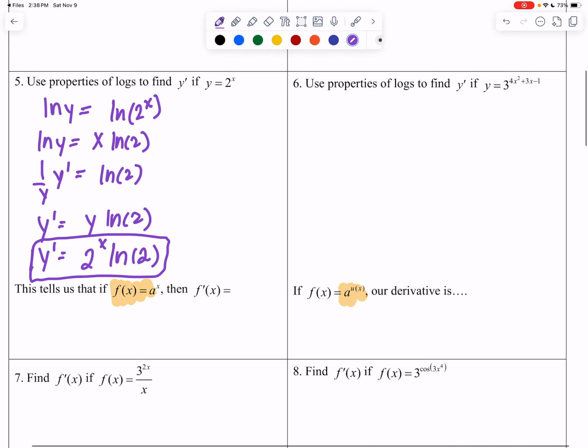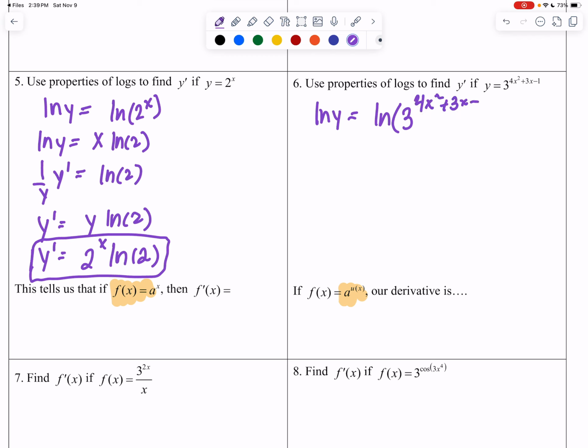Hopefully you saw it. Number 6, we are going to be using our properties again. So we have ln of y is equal to ln of 3 to the 4x squared plus 3x minus 1. Using my properties, that's going to be (4x squared plus 3x minus 1) ln of 3. And then I am going to take the derivative of this.